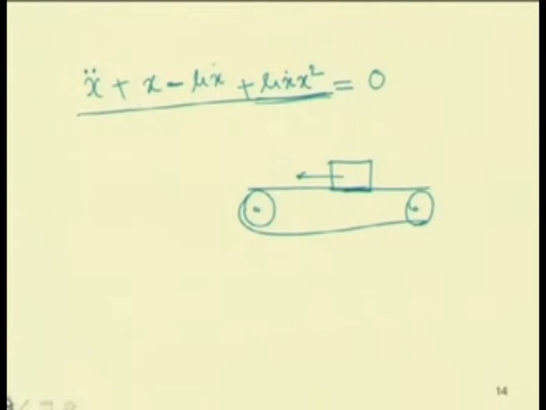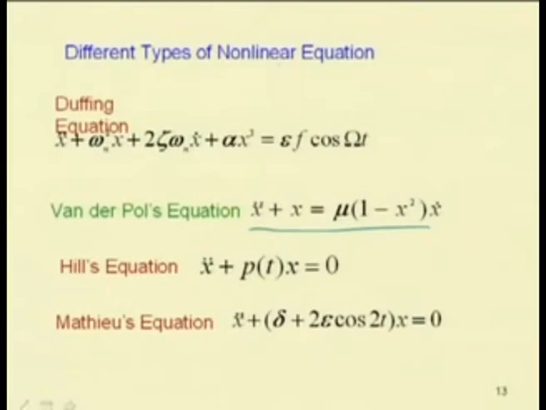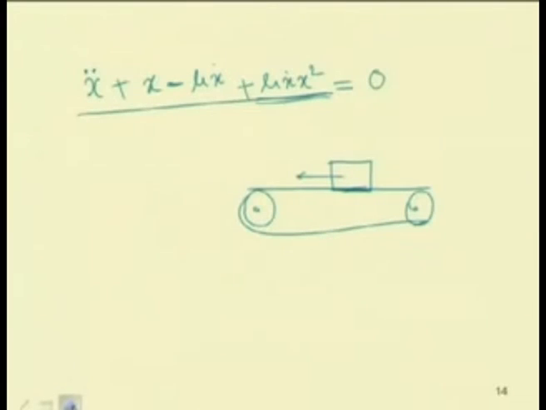Also, one can add the Duffing nonlinear terms to the van der Pol equation, and one can get the van der Pol Duffing type of equation. Similarly, in the Duffing equation you have seen a cubic term, and one may take a quintic term or quadratic term along with those terms.